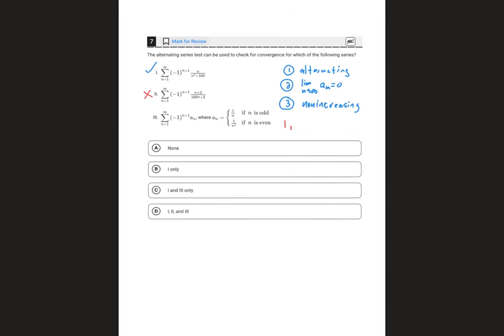So 1 over 2 squared is 1/4. If n is 3, it's odd, so that's 1/3. If n is 4, that's even, so plug in the bottom. So 1 over 4 squared is 1 over 16. If n is 5, plug it into the top. If n is 6, we'll plug it into the bottom.